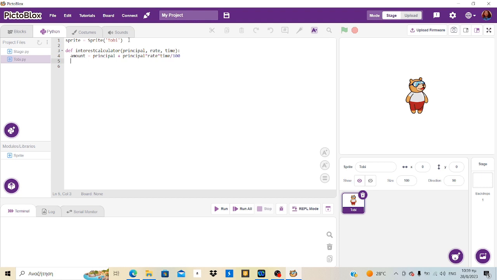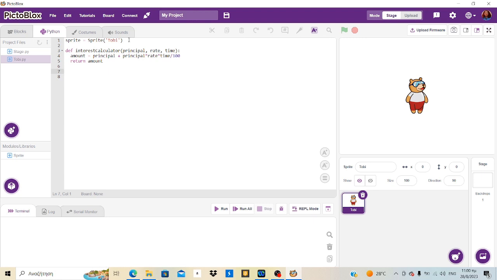Of course, we have to return amount because it's a very important issue, especially the return, because this function amount will always have a return value.